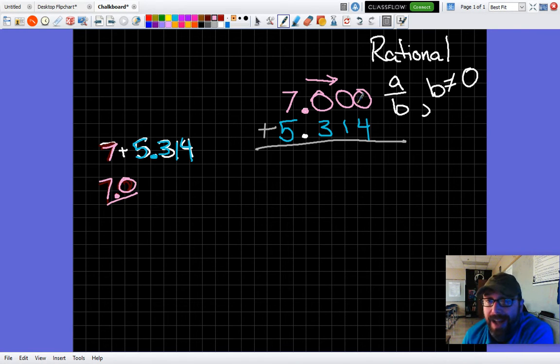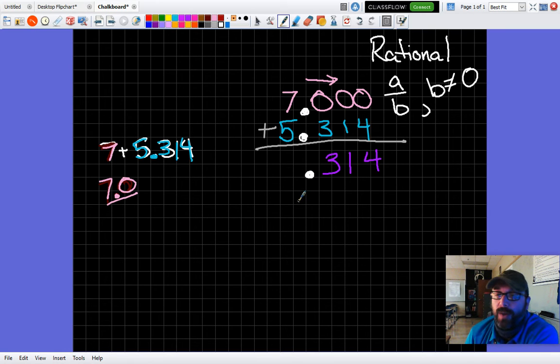So now I'm adding. 0 plus 4 is 4. 0 plus 1 is 1. 0 plus 3 is 3. Very, very important. Decimal point, decimal point. Guess what goes right here? Decimal point.